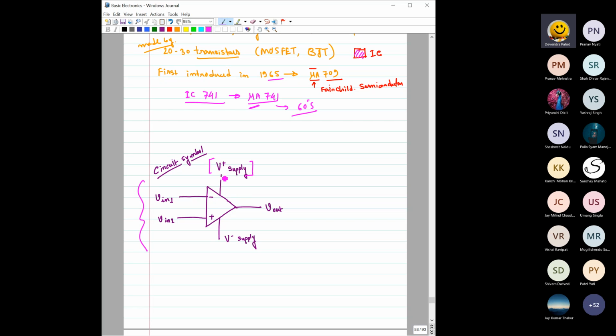So it is easy to understand that you should always apply the V plus supply and V negative supply. Otherwise, this op amp will not work. In the lab, on the board, in many circuits we generally do not even draw the V plus and V negative supply. We simply denote the op amp by this symbol.